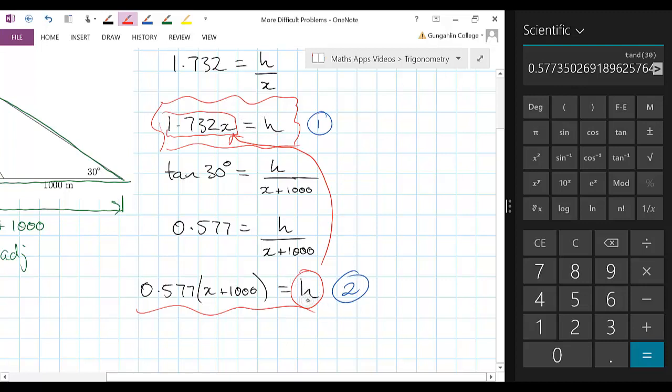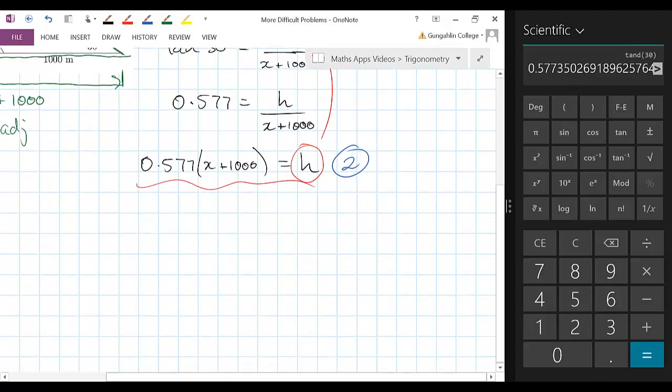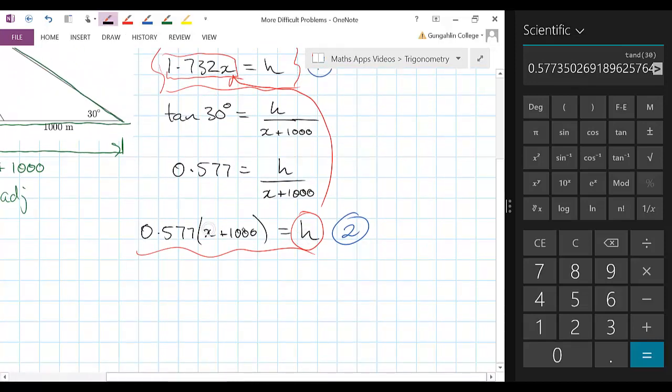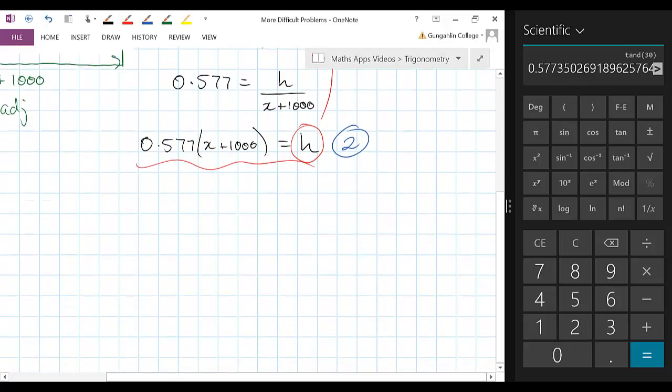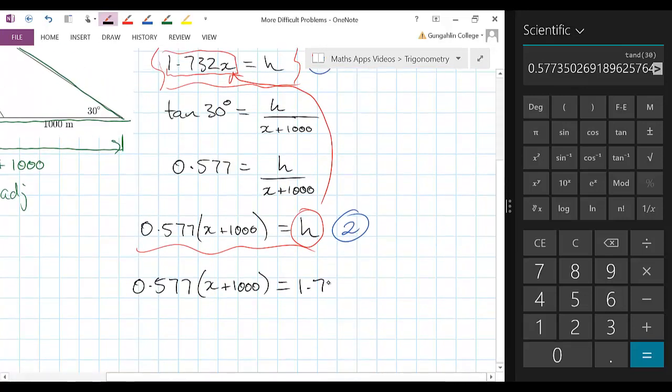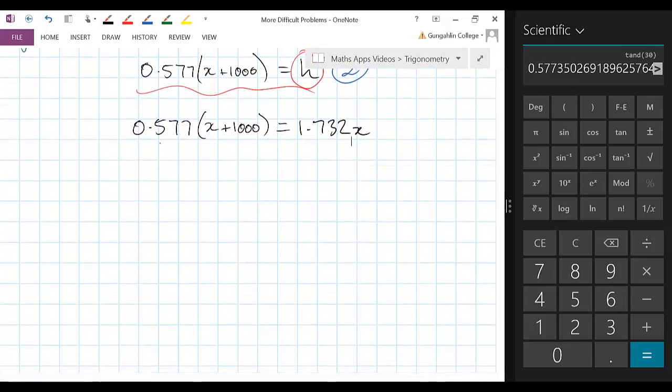So let's rewrite this equation down here, but I'm going to replace the h with 1.732x. So we'll rewrite that. 0.577 outside of x plus 1000 equals, and I've forgotten already what the number is, 1.732x.